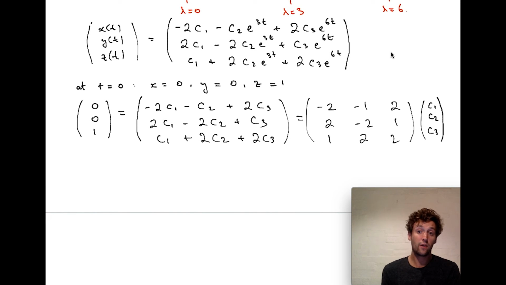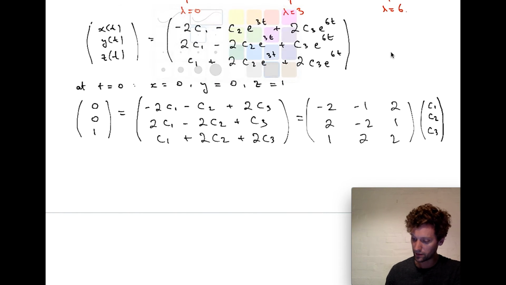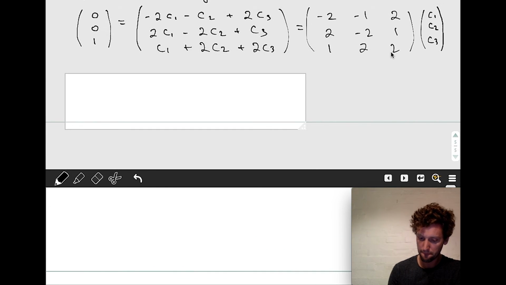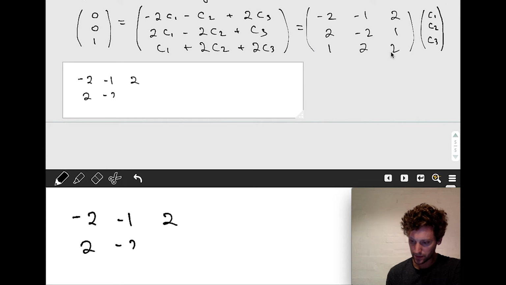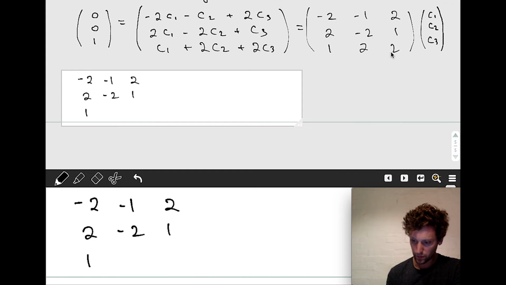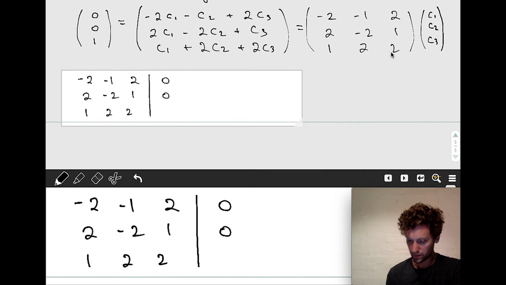Okay, so I've written that now as a system of linear equations to solve, and we can do that using our methods from first year. So let's see what that looks like. So here's the system I want to solve. Minus 2, minus 1, 2, 2, minus 2, 1, 1, 2, 2, equals 0, 0, 1. So I'll let you solve those. I'll give you the solution.